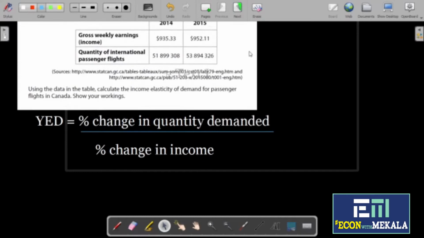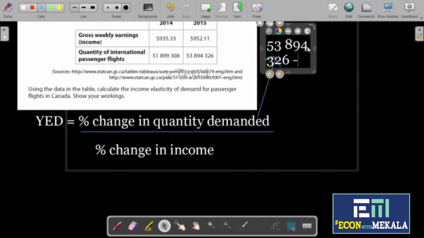Next, we need to show with workings how we calculated percentage change in quantity demanded and how we calculated percentage change in income. So let's take the quantity demanded first. If you look at the new quantity, that is 53,894,326.